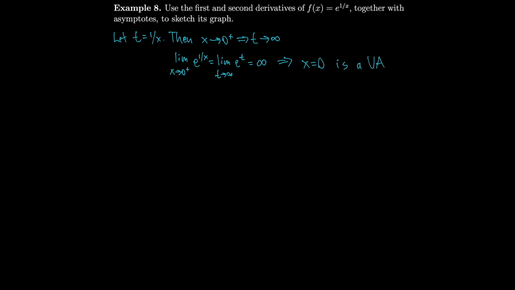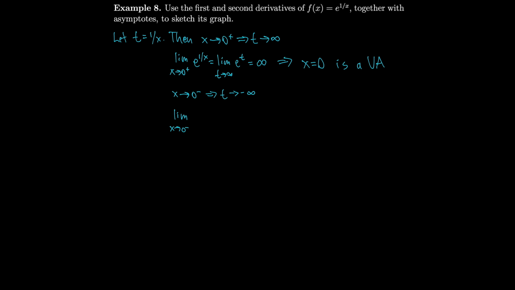Okay, let's look at what happens as we go to 0 from the left. As x goes to 0 from the left, that means that t goes to minus infinity. So let's look at the limit.